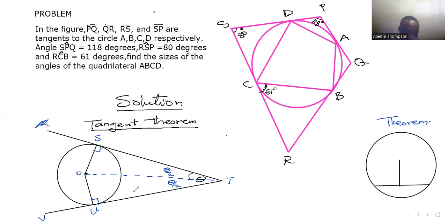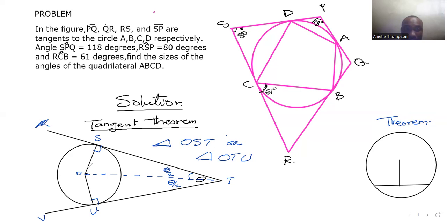But first, I would also like you to look at each triangle formed. I'm talking about triangle OST or triangle OTU. I want you to observe that these two triangles are right angle triangles.